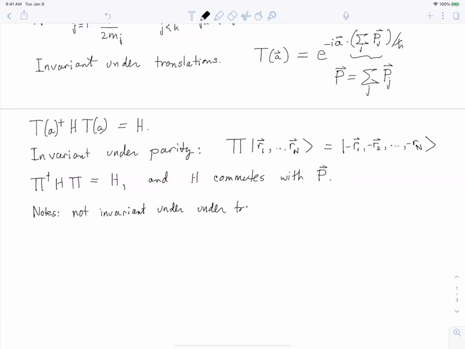So for example, here's my translation operator for particle 1: I just do the exponential, but now I only include the momentum of particle 1 in the exponential. So this translates only particle 1.